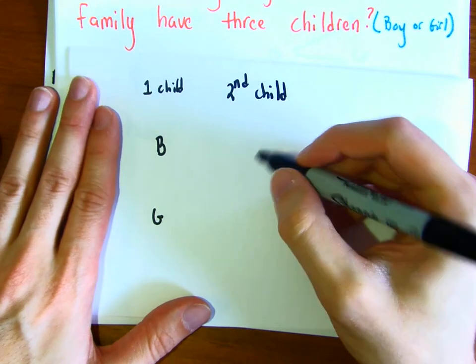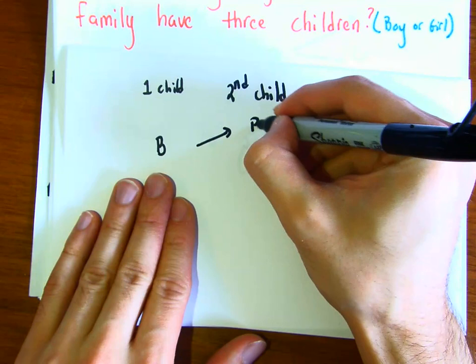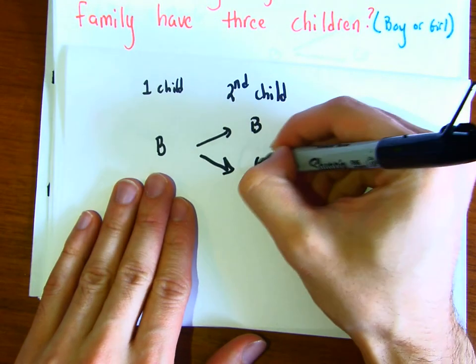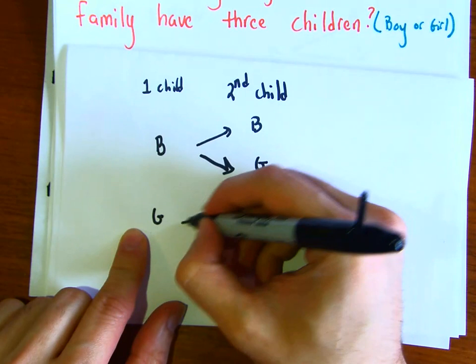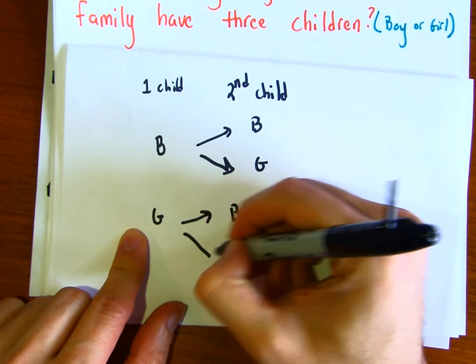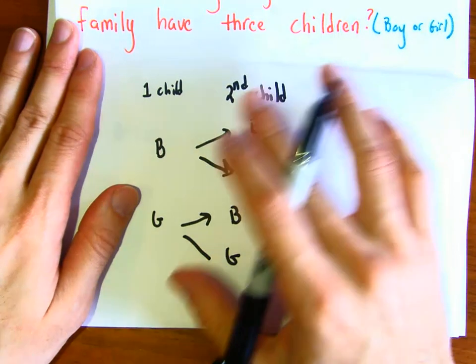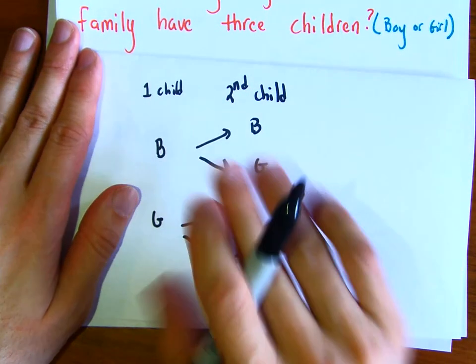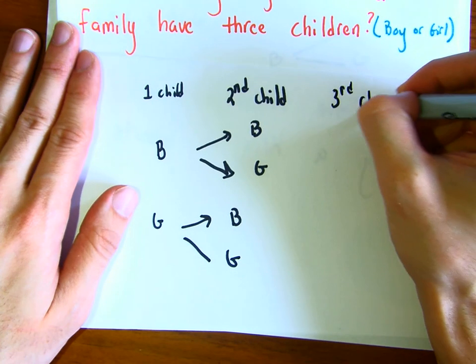Let's say if you have the boy, your second child could be a boy or a girl. And what if you had a girl first? Well, then your second child could be a boy or a girl. Let's say if you got stuck, here's the little hint. Try and continue further, right? But if you want to just see how it's done, what about your third child?